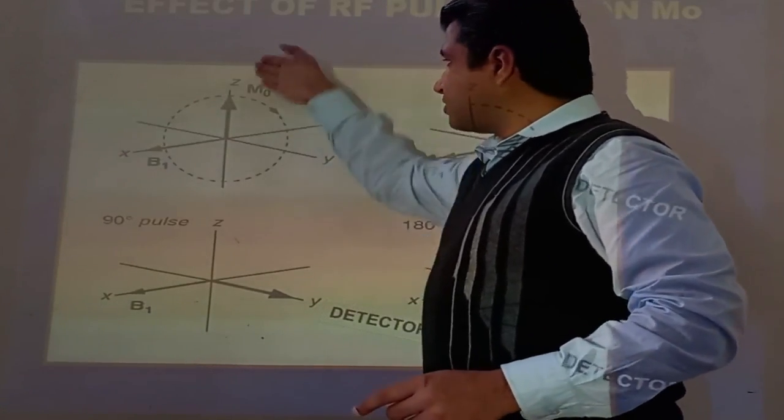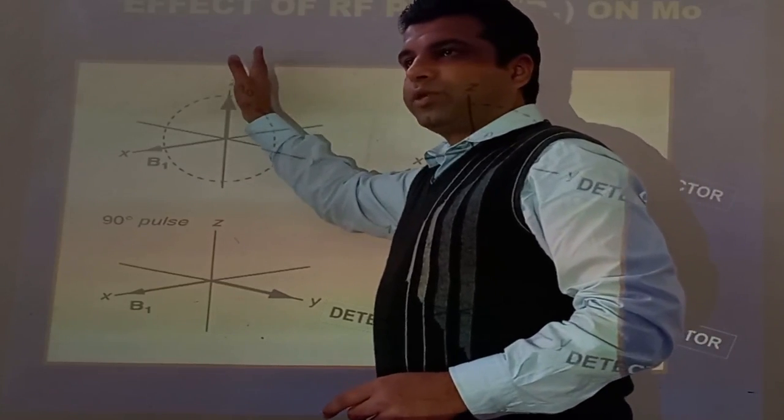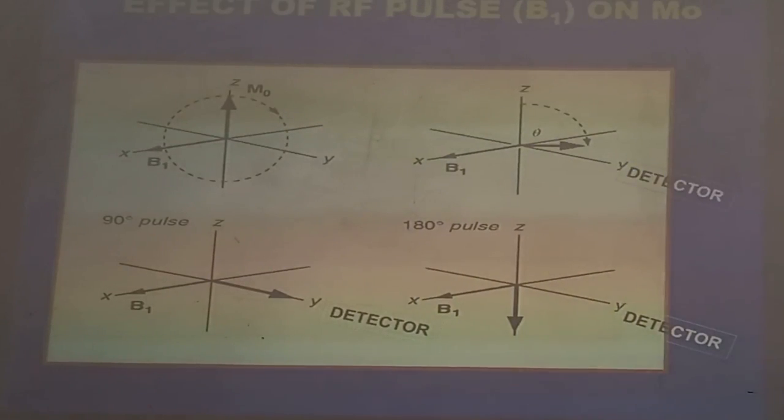And this vertical axis is the z-axis and minus z-axis. This is the equilibrium position, and this horizontal plane is known as the XY plane. So when you give a pulse in this XY plane in any direction, M0 moves away from the z-axis.